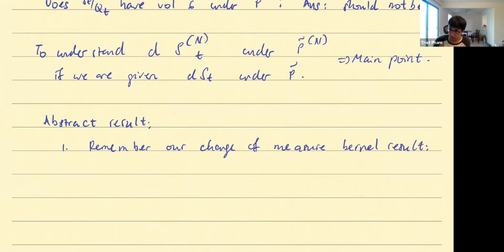Suppose that you find a new measure. I forgot what we called it at that time. I think we go from P to P tilde, starting from the physical one. That's what we did.